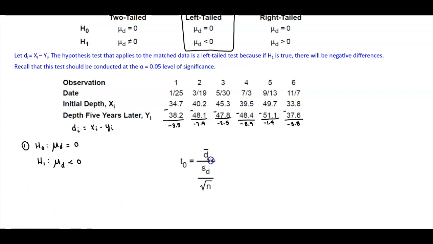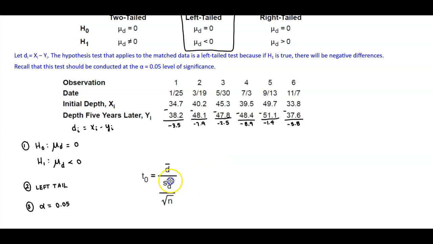Next, we know that it is going to be a left tail test. And number 3, we know that alpha, or the significance level, is going to be 0.05. Okay, so now we have that information.